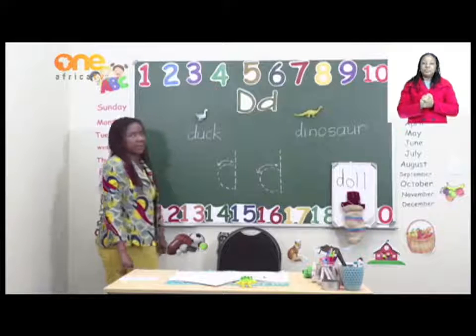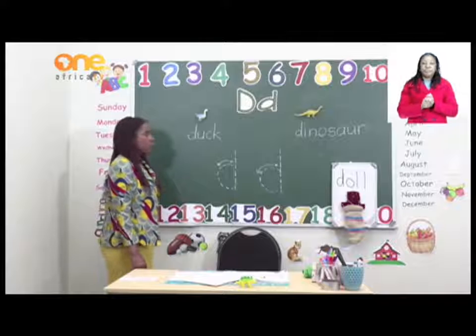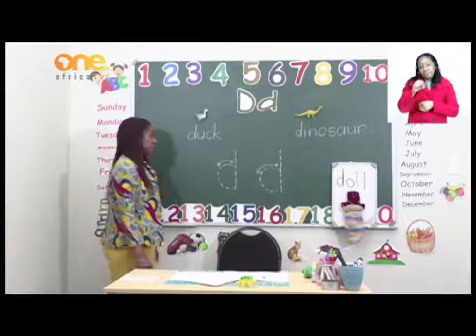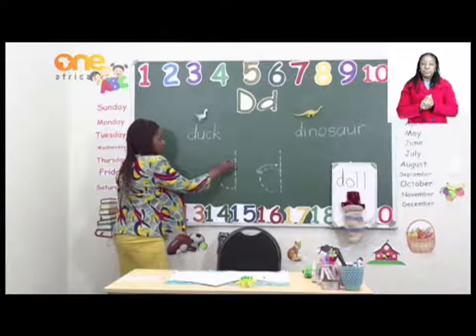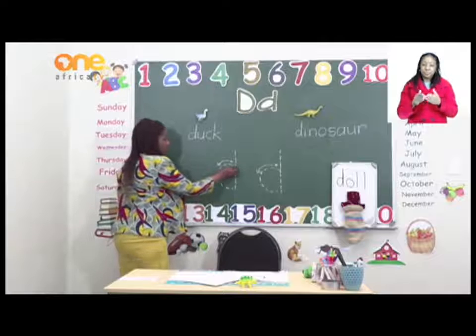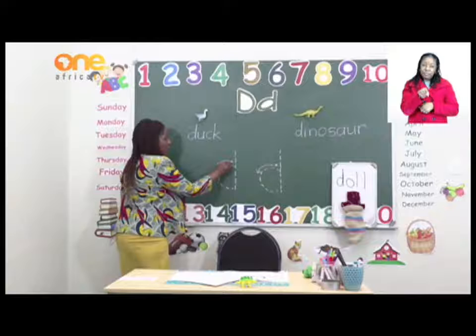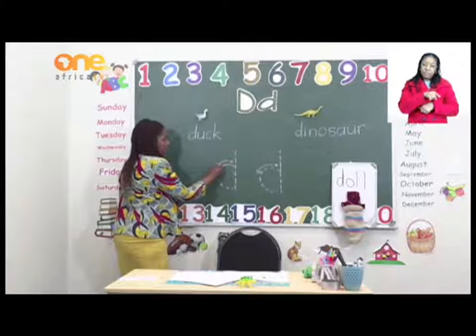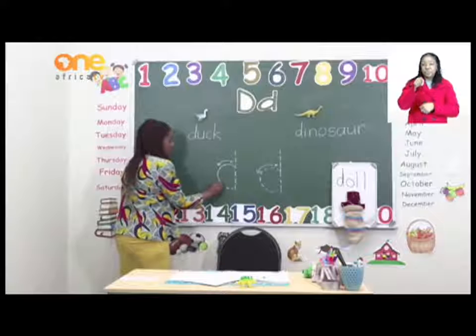Now let's look at the board as I am going to demonstrate to you how you are supposed to write letter D. Here is the dot where we are supposed to begin. So let's put our pencil right here and we go round, connecting the dots, following the direction of writing.